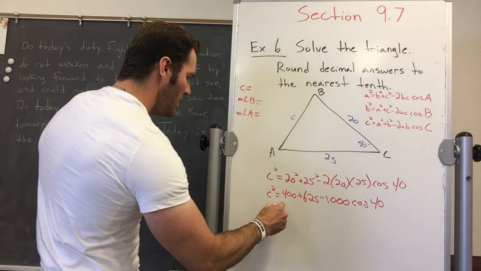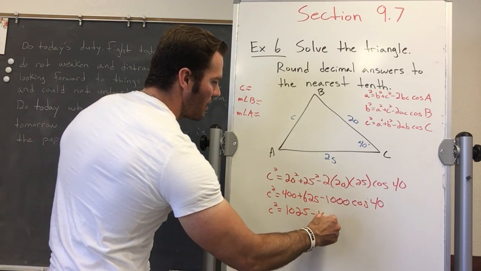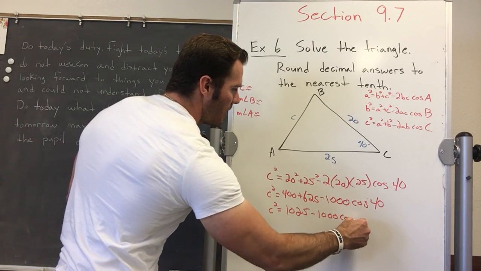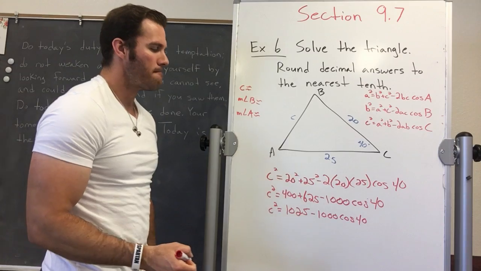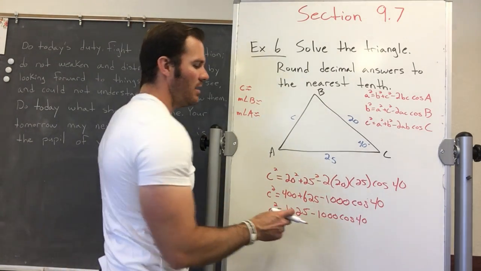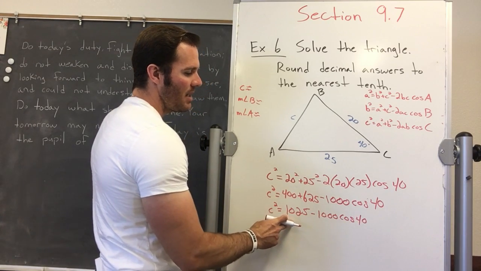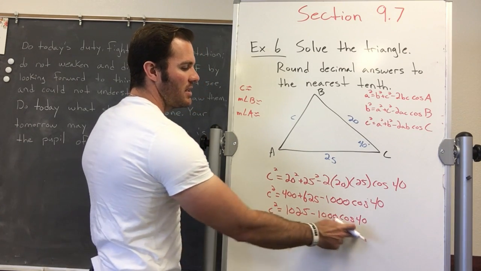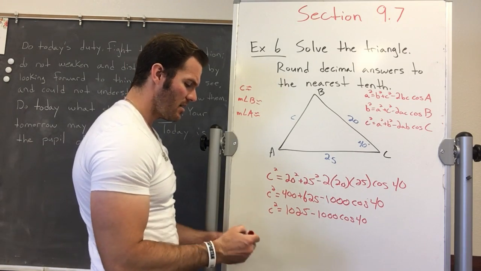Okay, so then c squared equals 1,025 minus 1,000 cosine 40. Now, if my memory serves me right, it's important to not go ahead and do the math here. You might be tempted to type all of this in, solve, and then take the square root of that number. Don't do that.